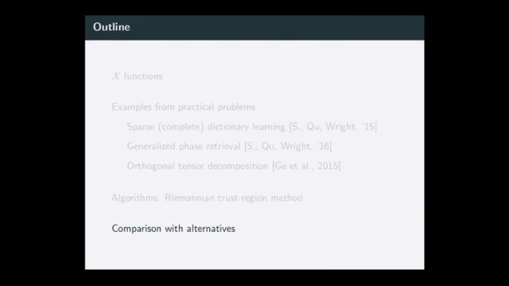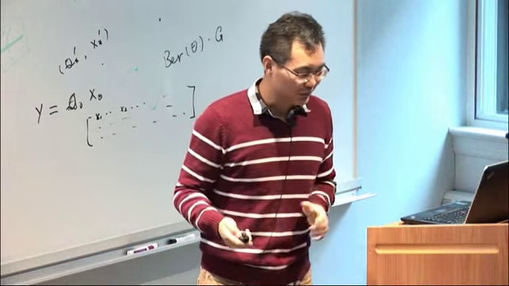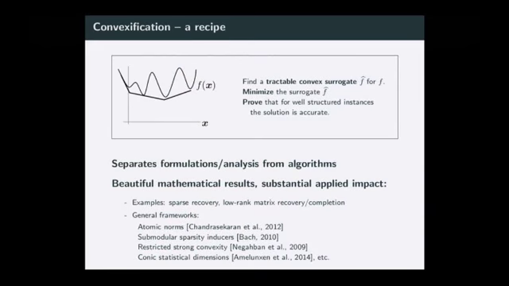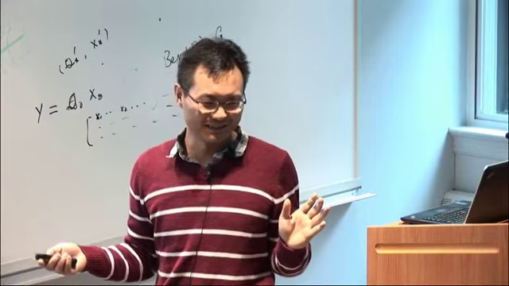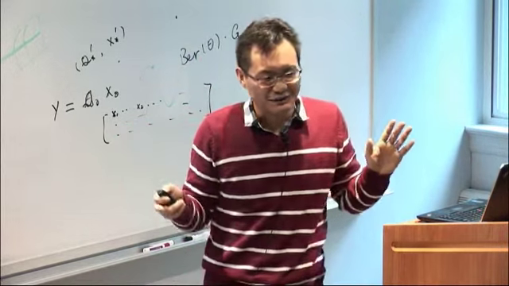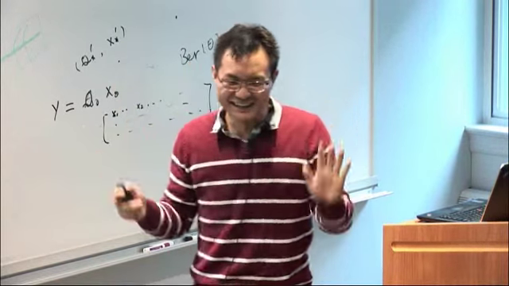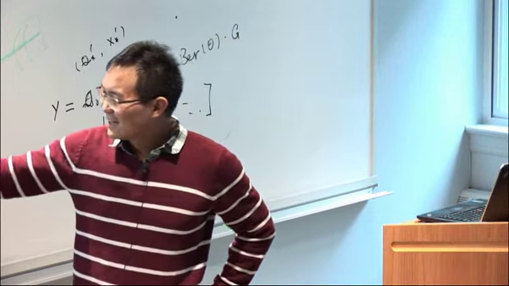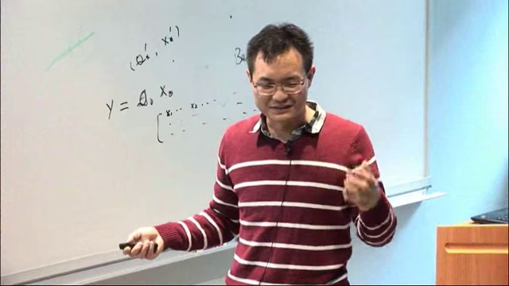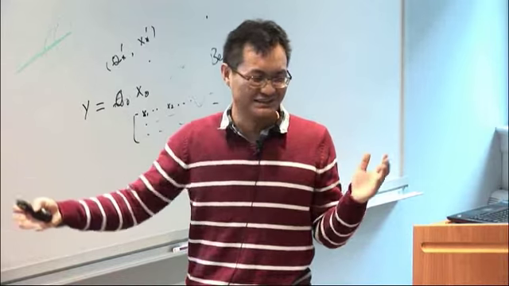Okay, just a brief comparison with other approaches to non-convex problems. One very attractive approach is doing convex relaxation. I think although people here are not doing compressed sensing style work, you must have heard of compressed sensing, L1, nuclear norm, that kind of stuff. In the last decades, there's been this line of beautiful work about when you can recover signals with structure. If you want to promote sparsity, you should do what, that kind of stuff.